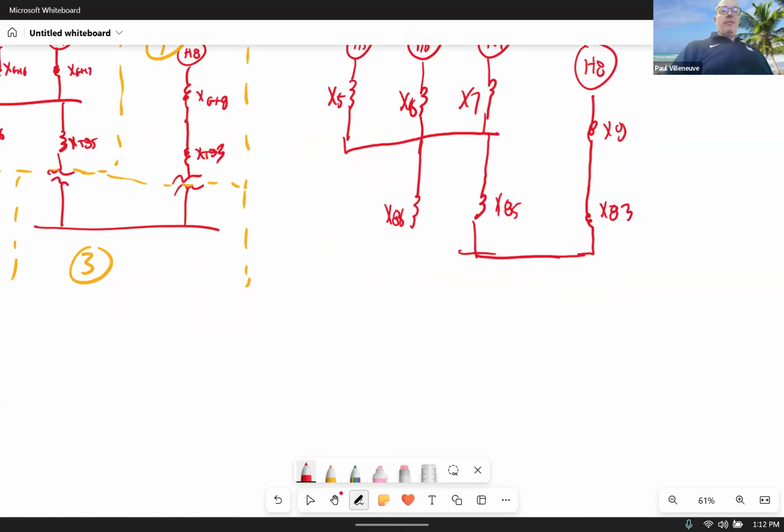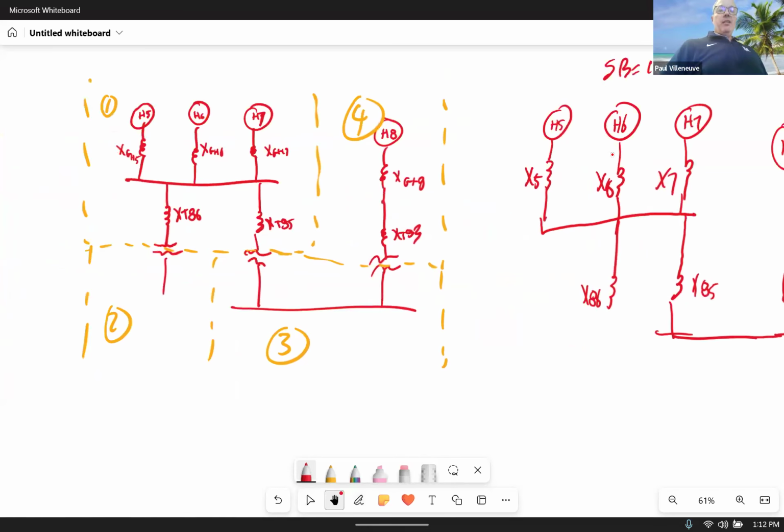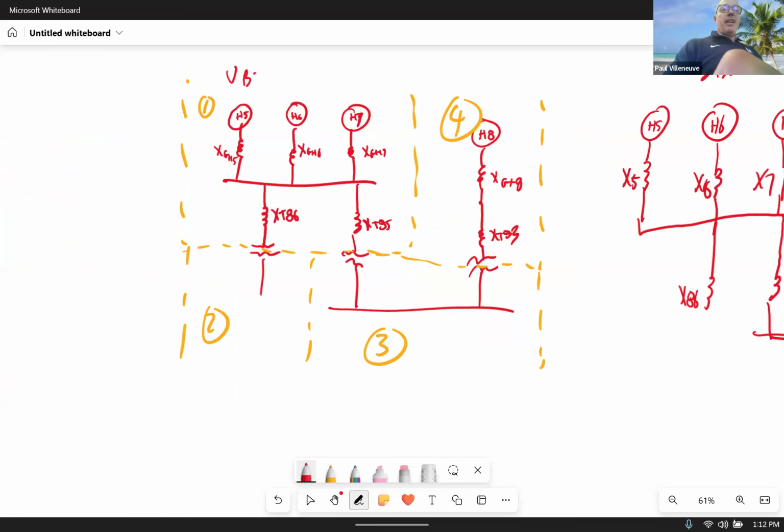So now you start specifying. You pick S base equal to 100 MVA. And you may want to put on this diagram, I picked V base in region 1 to be 6,900 volts. To get VB2, that's 6,900 times the turns ratio.